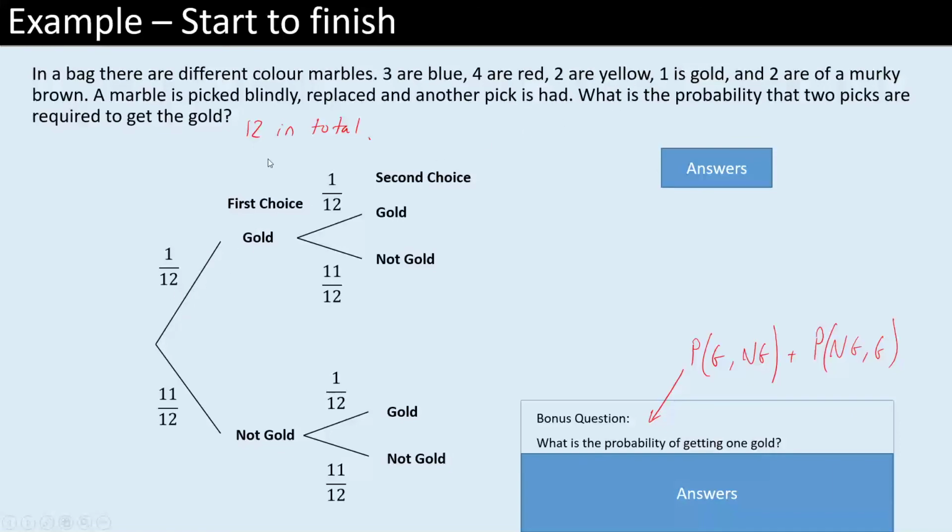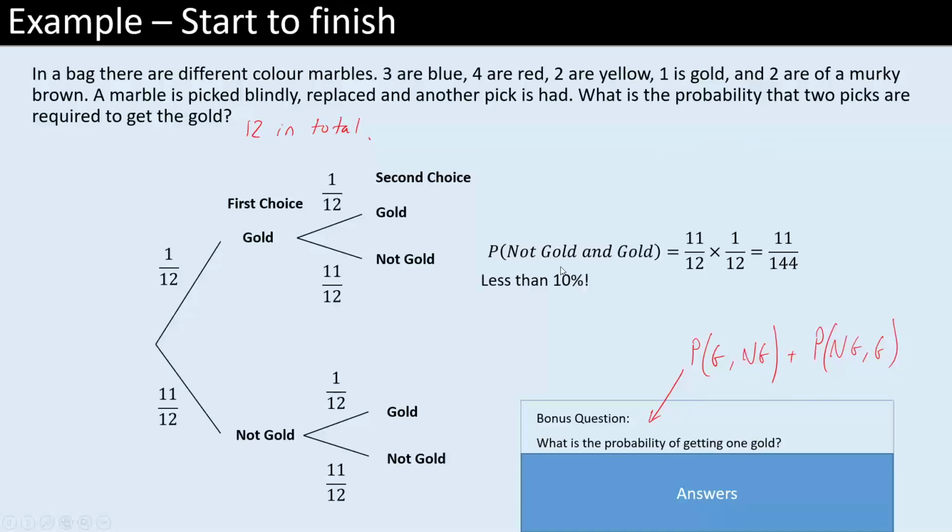What is the thing that we want? What is the thing that we don't want? You may need to add things up in order to get the probability of something that we don't want. As before as well, make sure that you look carefully to find out what you need to multiply together and if you need to add things together in order to get the probability that you're after.